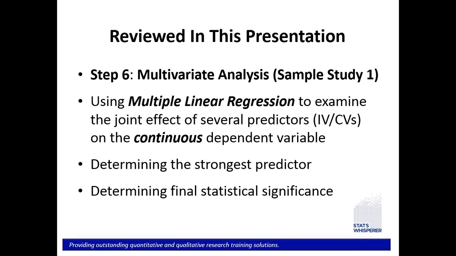Through this analysis, we will determine the strongest predictor of happiness, as well as determine our final levels of statistical significance for each predictor. That means that sometimes when you do a regression analysis, predictors that were significant at the bivariate level are no longer significant. So that's what we'll find out.